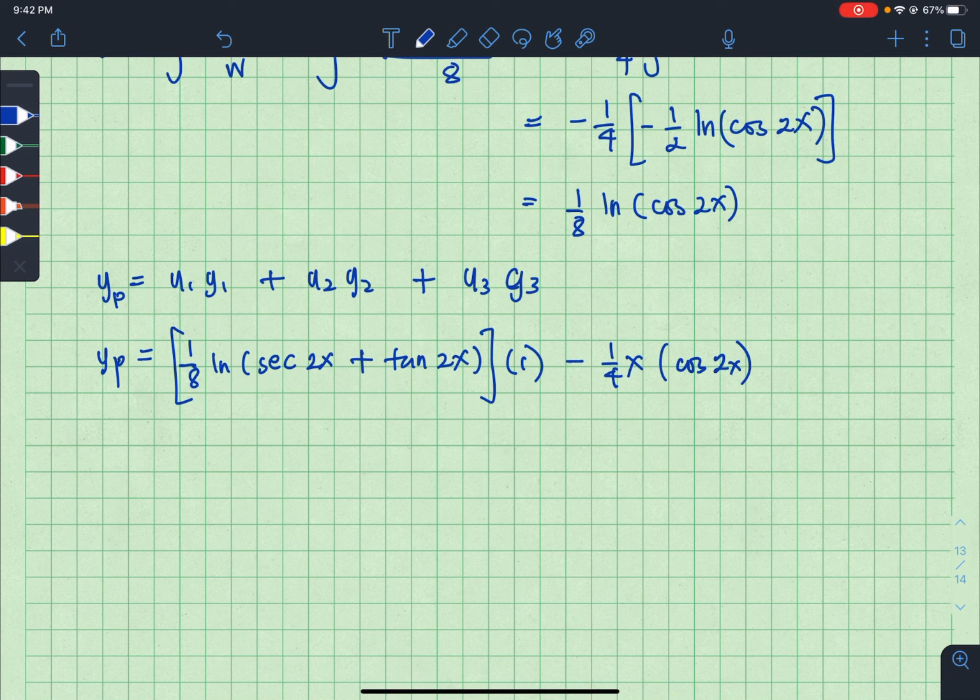Then lastly, plus 1 over 8 ln of cosine 2x, multiplied with sine 2x.